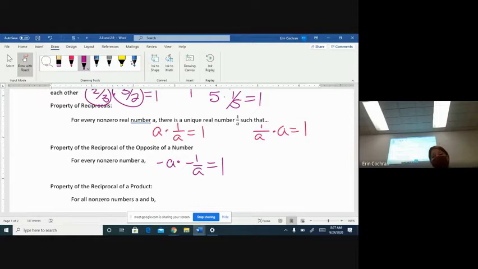So just know when we're looking at the opposite number, -1/a could be the same as -1/+a or 1/-a, right? No matter where the negative is, it doesn't matter.